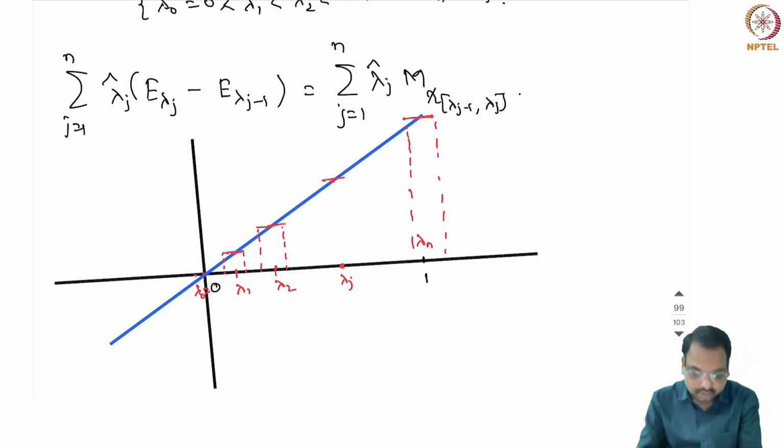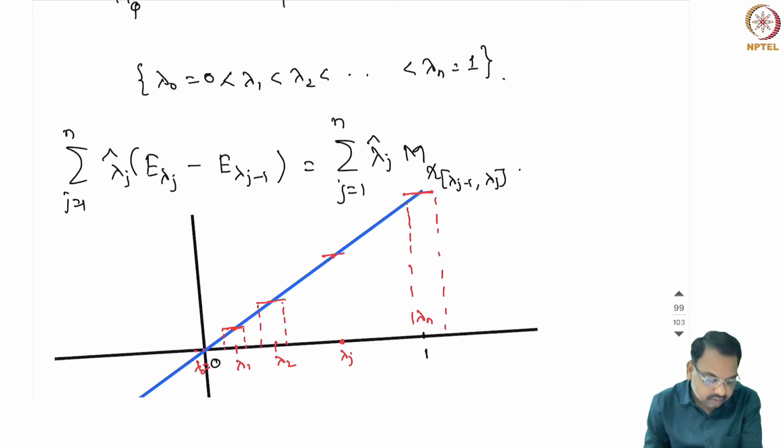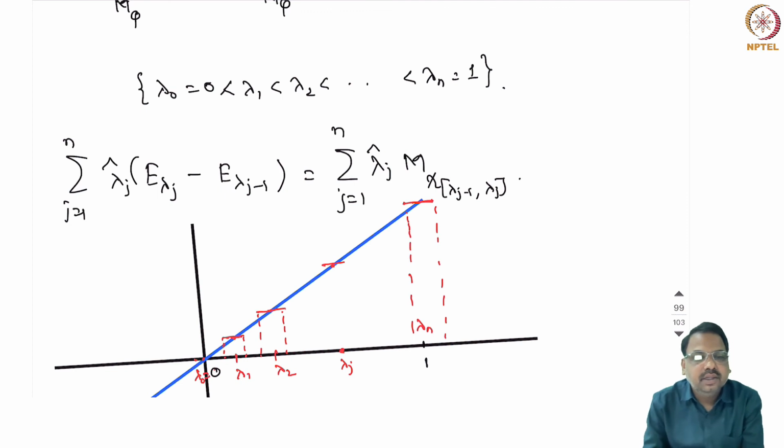So here what is happening is that we are approximating the function phi of t equal to t using these rectangles or step functions, and correspondingly we are approximating the given multiplication operator induced by phi with the multiplication operators supported on these subintervals. So in the function level we are approximating the function by simple functions or step functions.